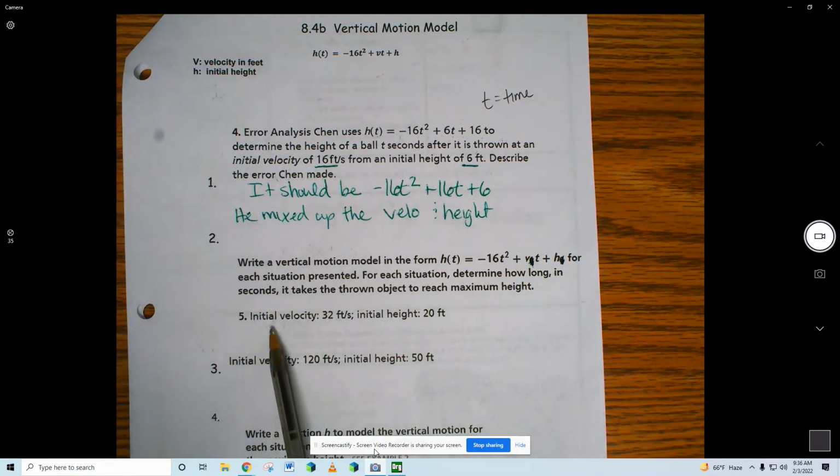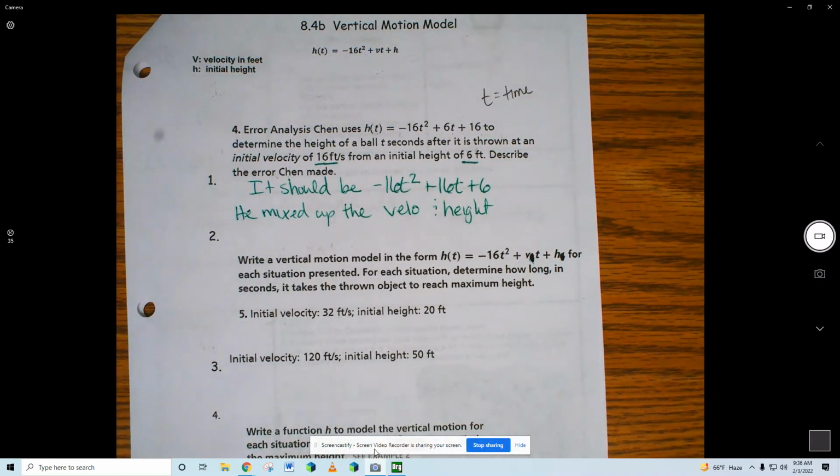The initial velocity is 32 feet. The height is 20. Write down the formula for this one. If the initial velocity is 32 and the height is 20, write down the formula. Plug in V and plug in H into the equation from up above. This is number 2 where it says 5.